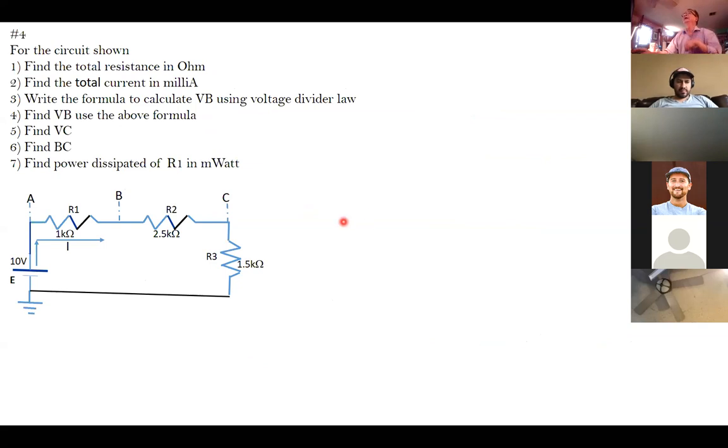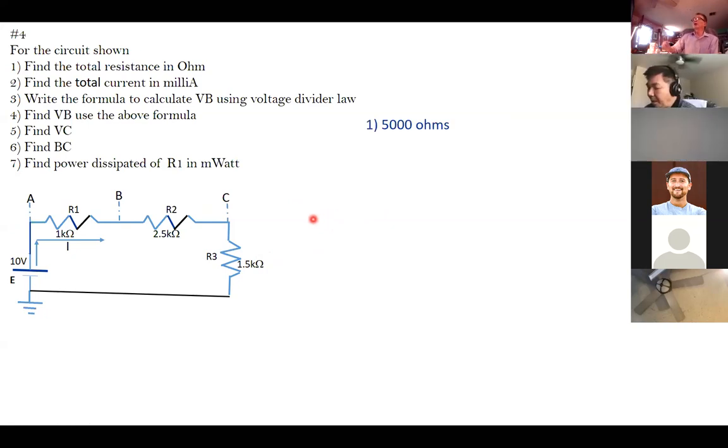Now, on this one, we need to find the total resistance. This is a series circuit. Go ahead and tell me what value you get. Five kilo. 5K, 5,000 ohm, either way.